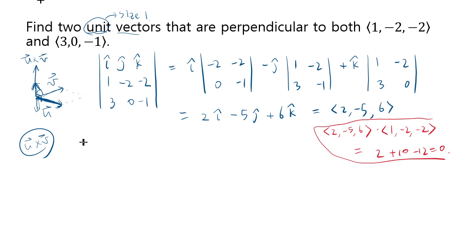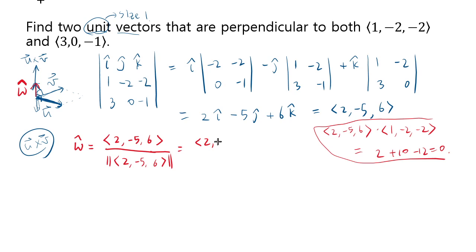Then what you need to do is take this vector and call it w hat. When you have a unit vector, you use this symbol, hat. So w hat would be the normalization of this vector, which means you just divide the vector by its size. But what is the magnitude of this vector?